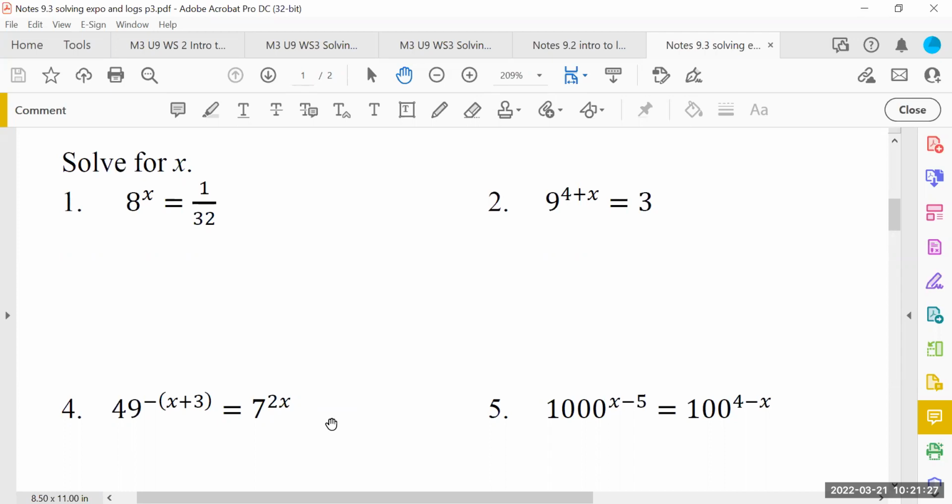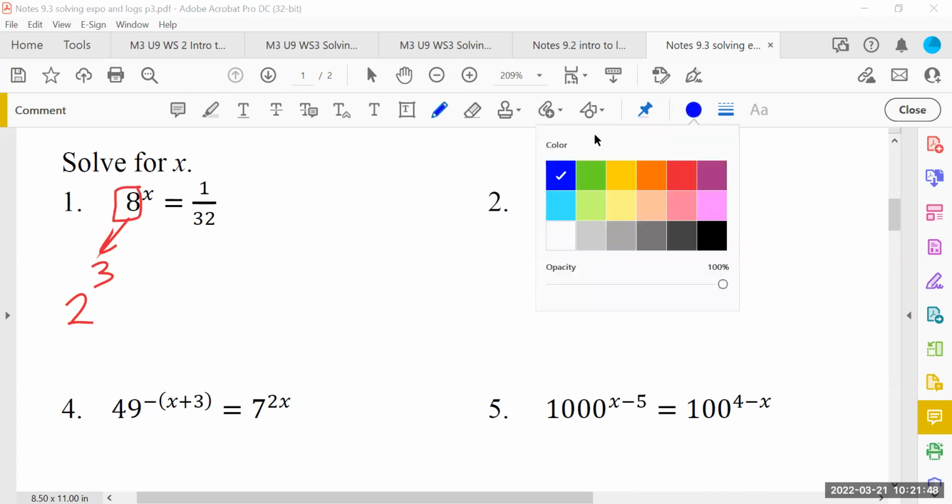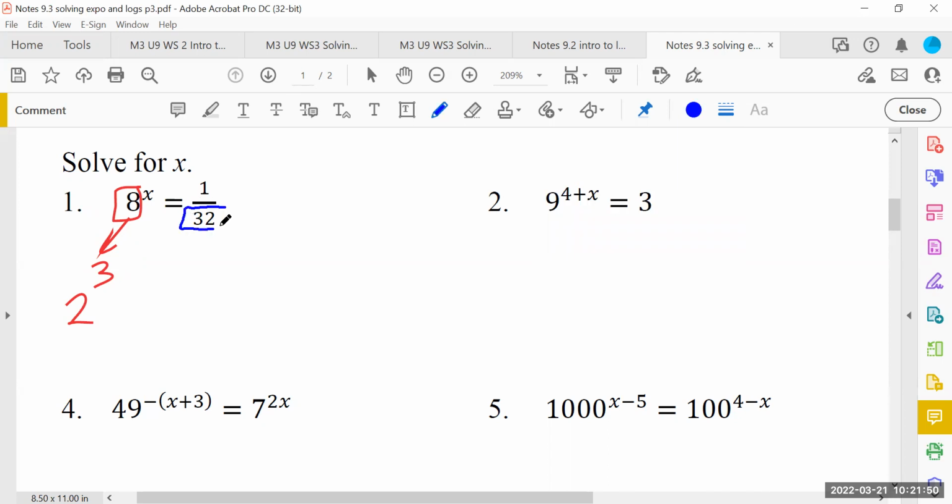So the 8 and the 32 are both powers of 2. I can rewrite the 8 as 2 to the 3rd power. Does that make sense to everybody? So this 8 is 2 to the 3rd power. The 32 is also 2 to a power.